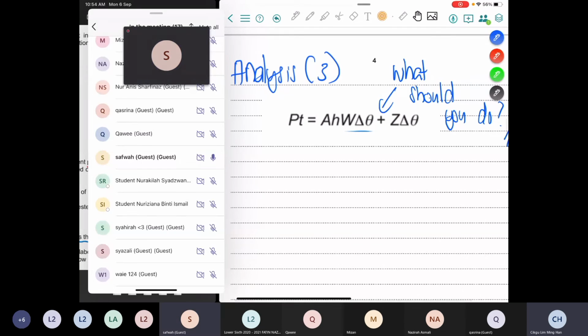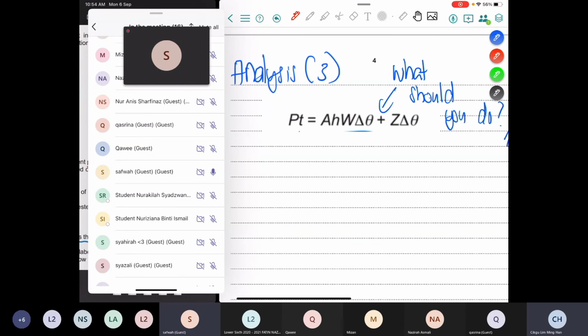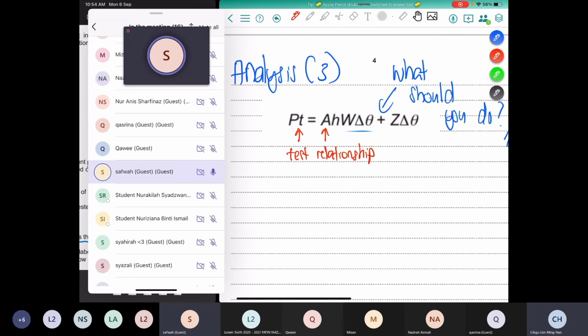Independent. So you remember we say that this is the variable that we want to test. This is the test relationship. So you want to make this the subject.